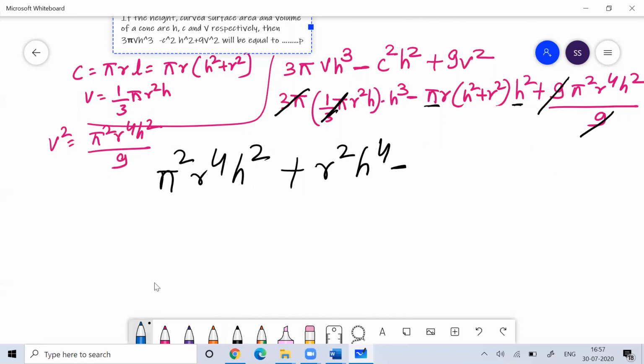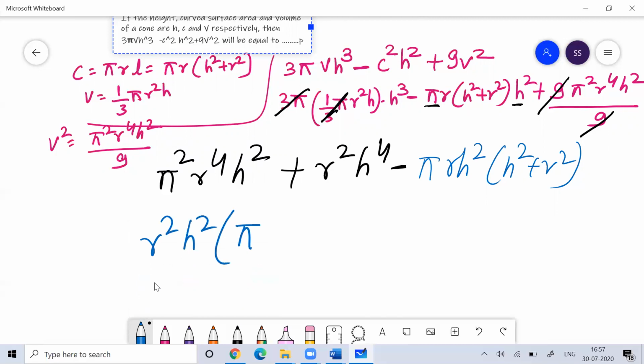So I can write this as pi r h square plus r square. So I can write this as r square h square as pi square, r square plus h square.